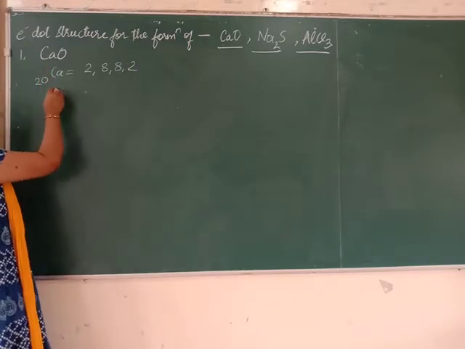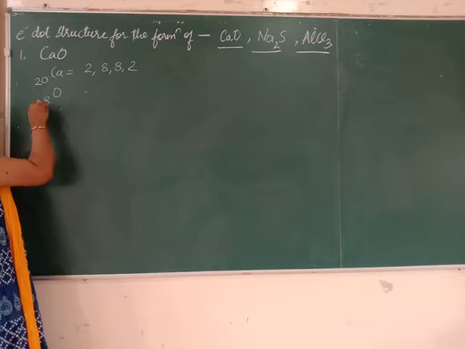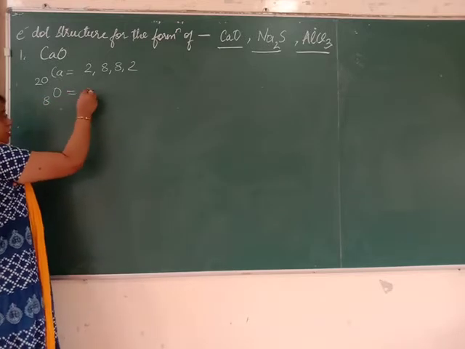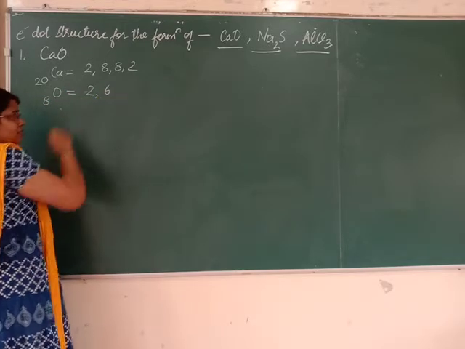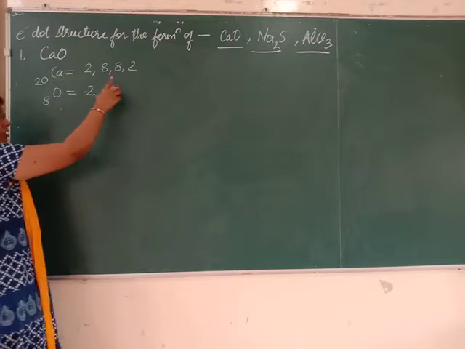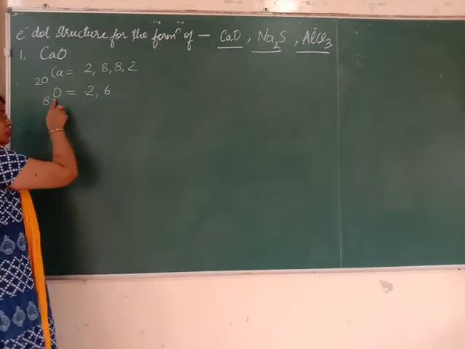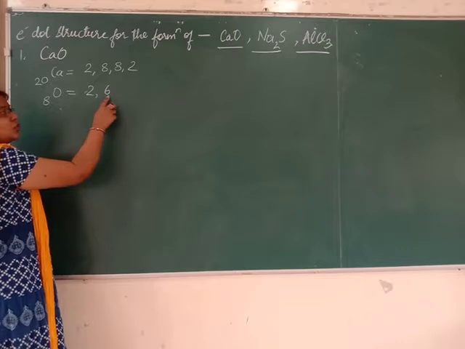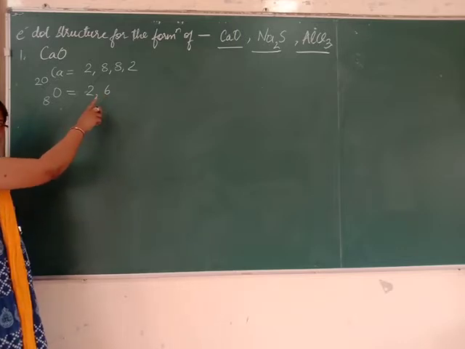The atomic number of oxygen is 8, electronic configuration 2, 6. Calcium contains 2 electrons and oxygen contains 6 electrons in the outermost shell.